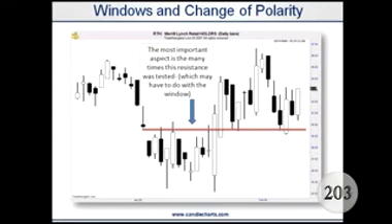When the market closed above it, we then could use change of polarity only because that resistance area was tested numerous times. So the window may have been the root cause of the resistance, but the actual idea of change of polarity is dependent on the number of times that resistance was tested. Everybody clear on that? Okay, great.